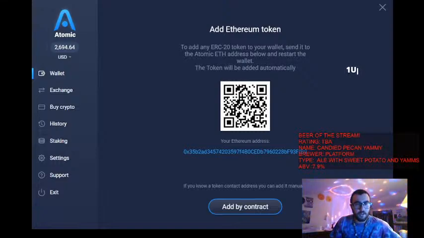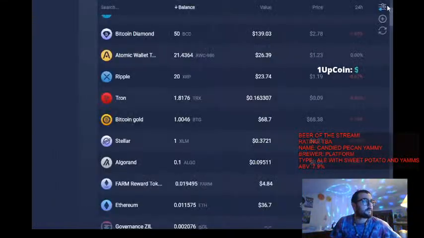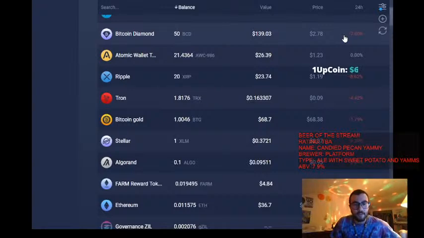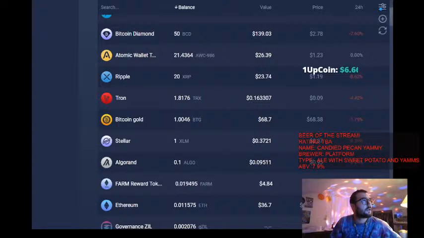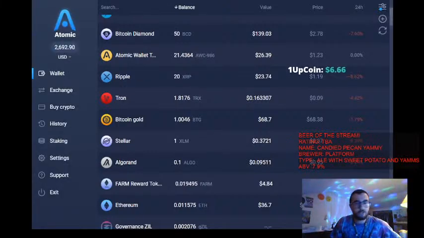The token will be added automatically. So if you do that, you can add the farm token to your wallet, right?